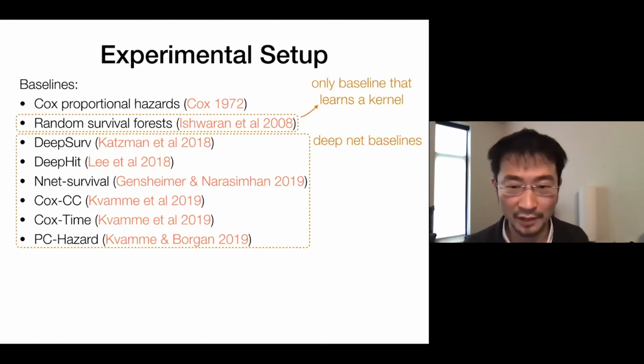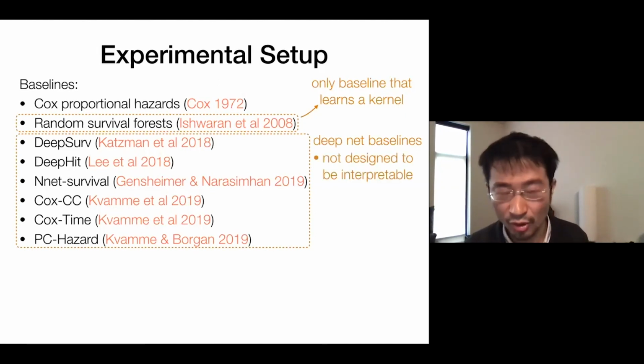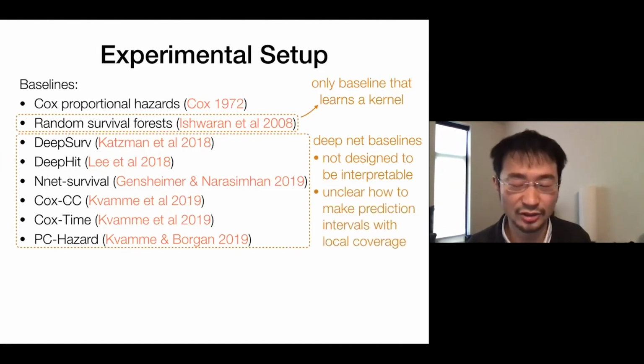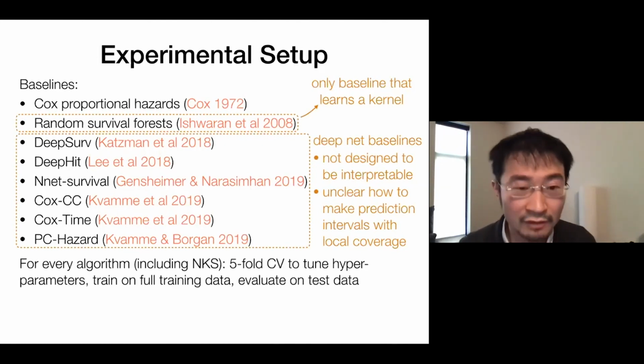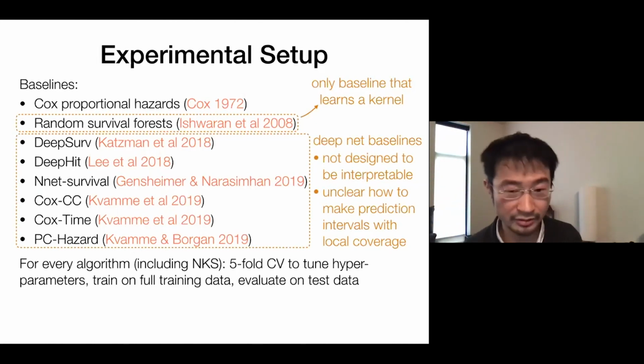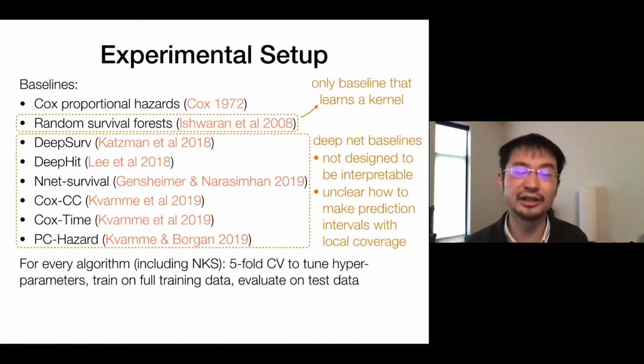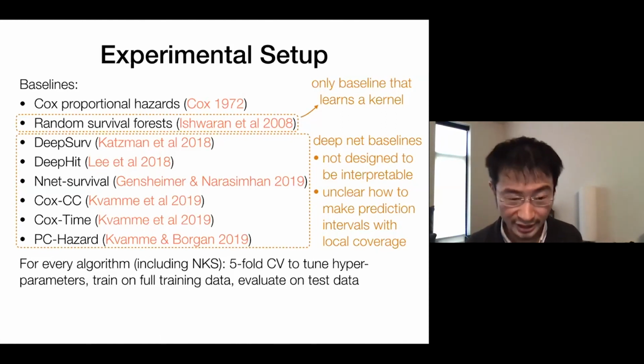These were not designed to be interpretable. And since these don't produce kernels, it's unclear how to make prediction intervals with local coverage with them. For all of these methods, I'm going to be tuning hyperparameters with 5-fold cross-validation before training on the full training data, and then I evaluate on test data.